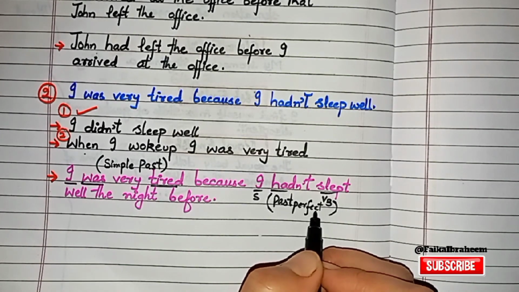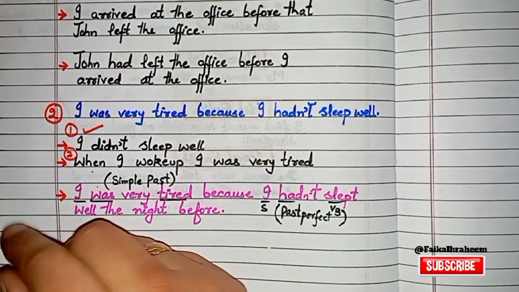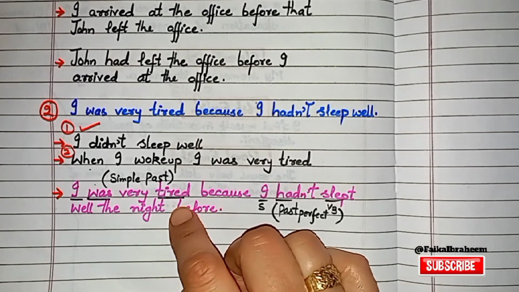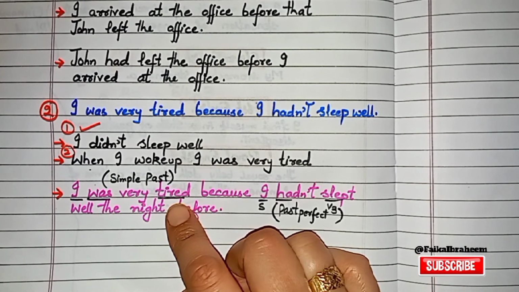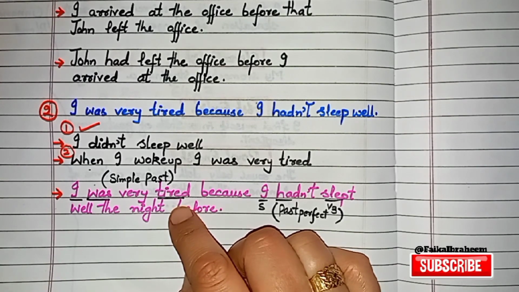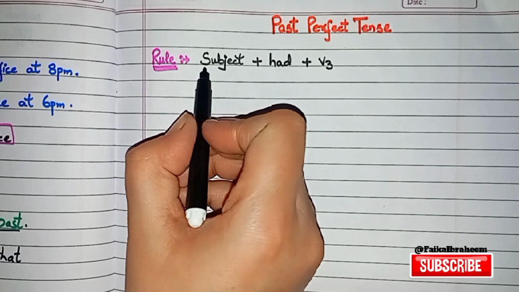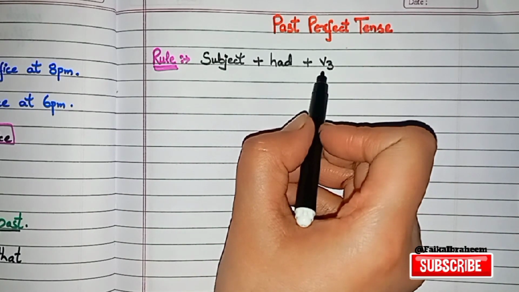But how do you make the past perfect sentences? Look at the rule of past perfect tense. Subject plus had plus third form of verb.